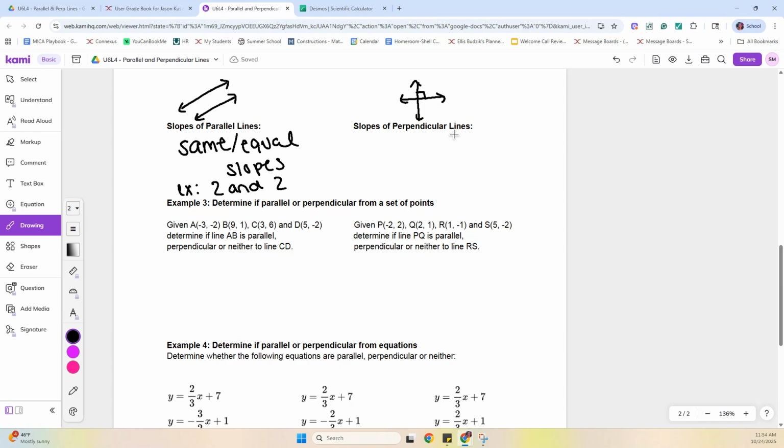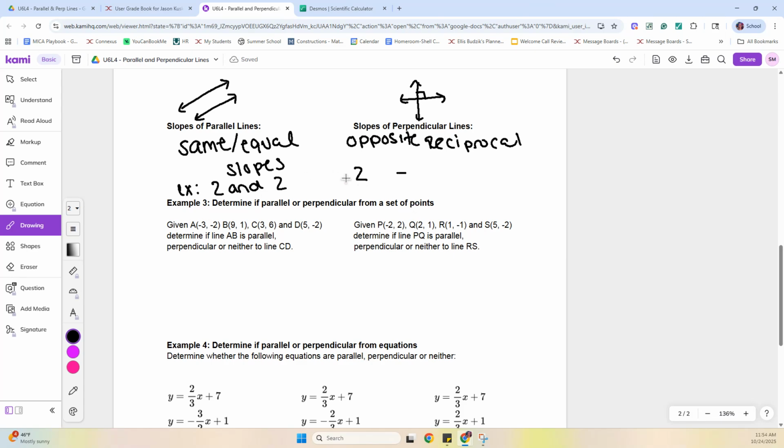For slopes of perpendicular lines, we say that those slopes are going to be opposite reciprocals. So what does that mean? Opposite reciprocal slopes mean opposite signs, so one's positive, one's negative, and reciprocal means a flipped version or a flipped fraction. So if I have one slope as being 2, the other slope is going to be negative.